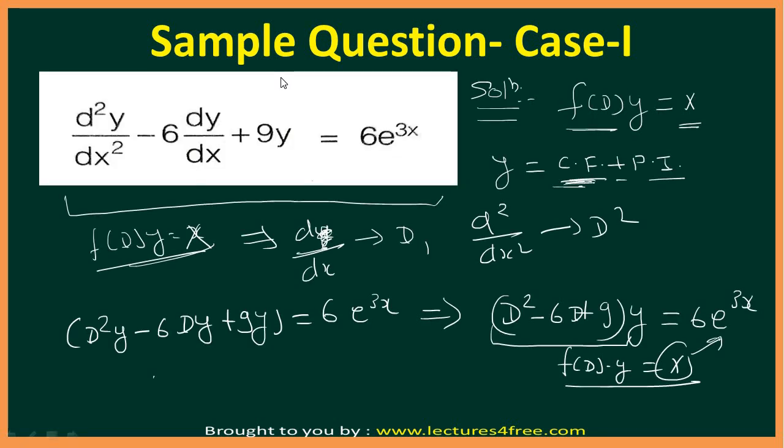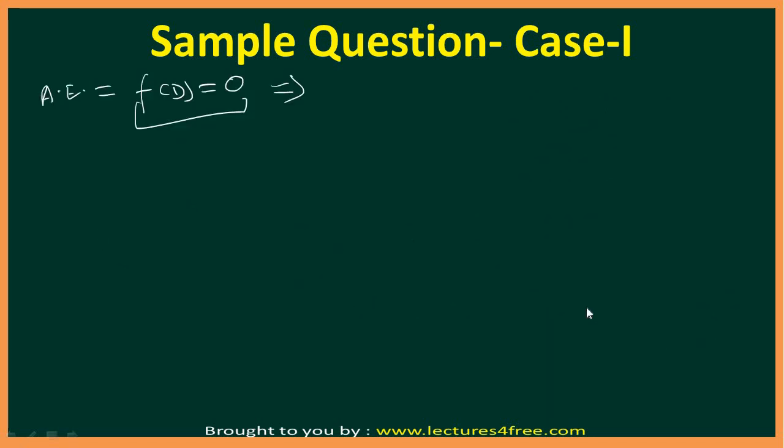This is the function of D: D square minus 6D plus 9. So let's equate it to 0. D square minus 6D plus 9 is equal to 0.